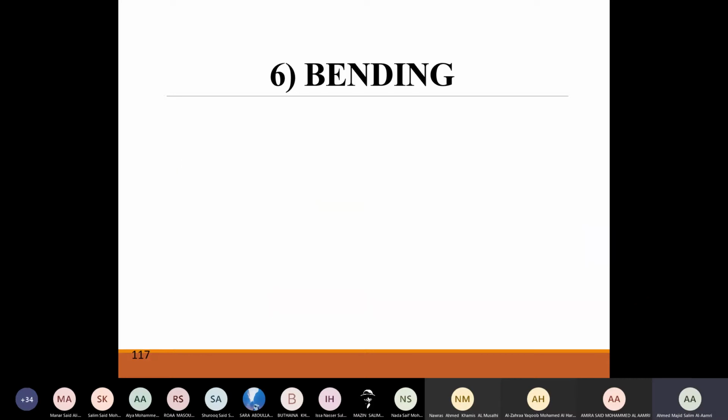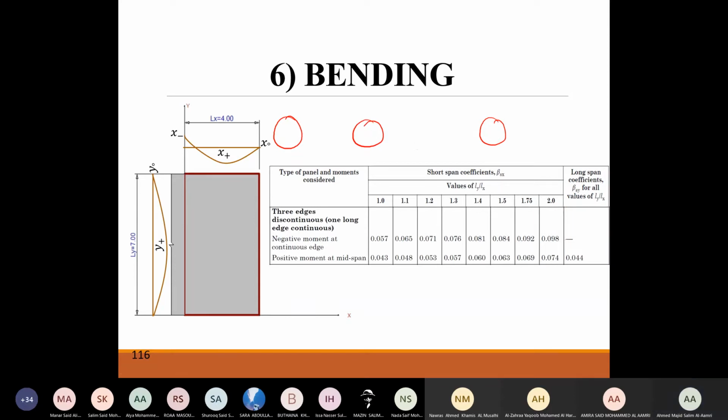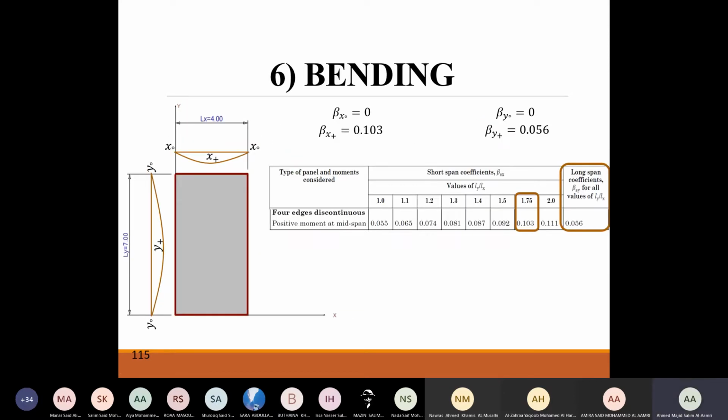Now for me, when I need to decide, you can see now we have beta x negative, beta x positive, and beta y positive. Beta x positive for this case is 0.069. For this case, it's 0.103. So this one should be taken as its highest value.